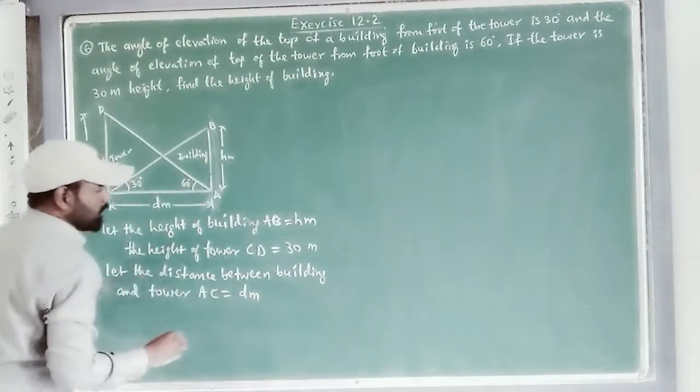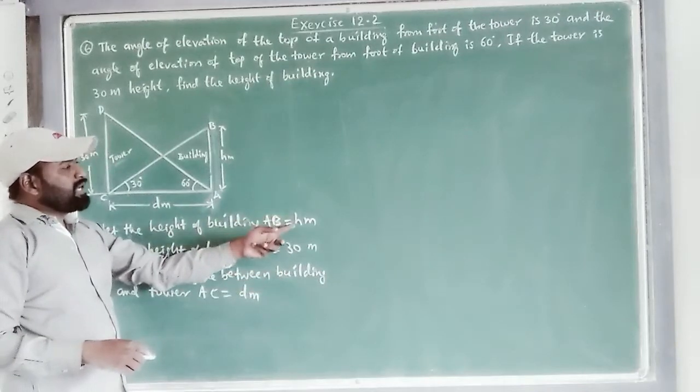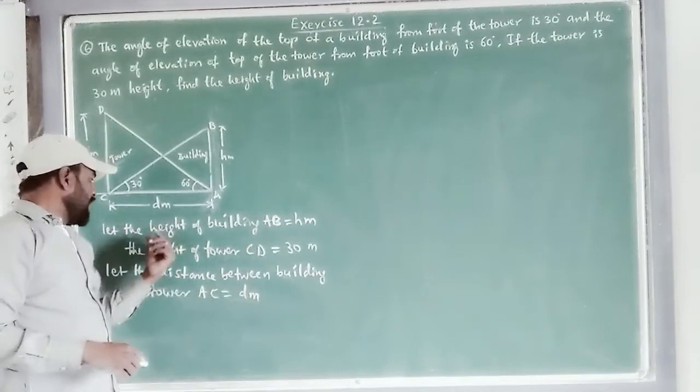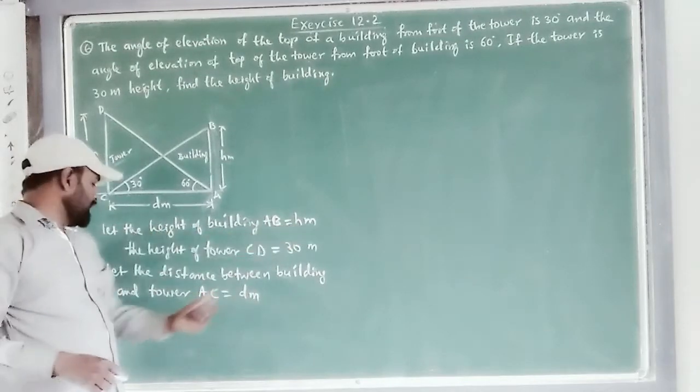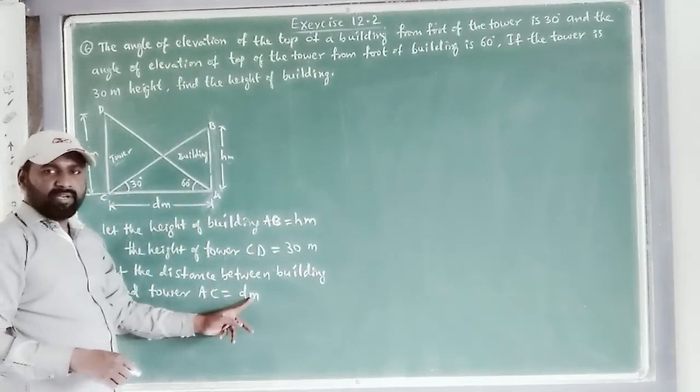That also we do not know. Here height of the tower is given, but the height of the building and the distance between the building and the tower we do not know. The height of the building is assumed as H meters. The distance between the building and the tower is taken as D meters.